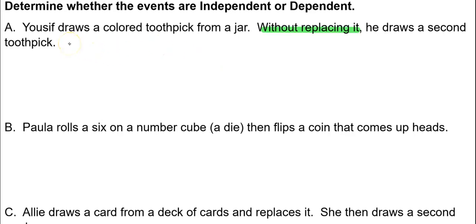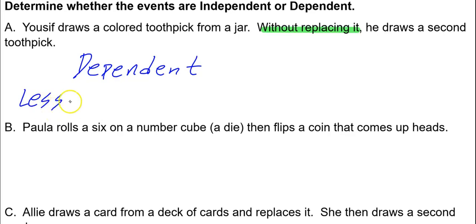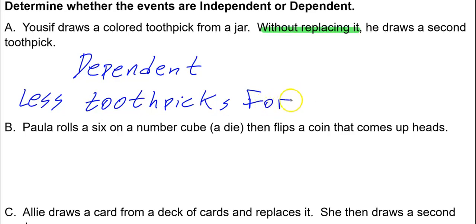There are fewer toothpicks the second time around, so these events are dependent. There are fewer toothpicks for the second pick.